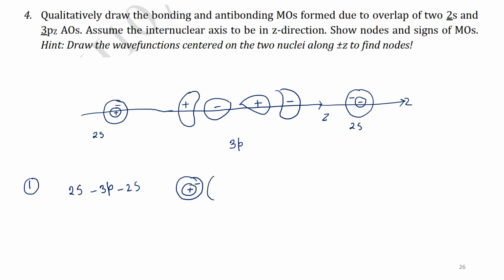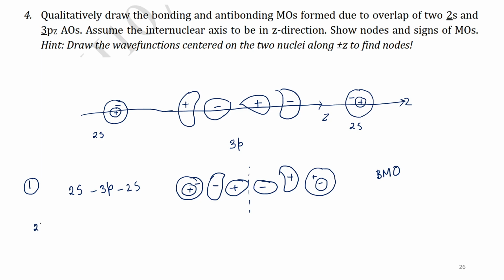Minus 3p would be minus, plus, minus, plus, and minus 2s is. Okay, see, there is only one node here and a radial angular node, and these are all forming a bonding molecular orbital, in one case.